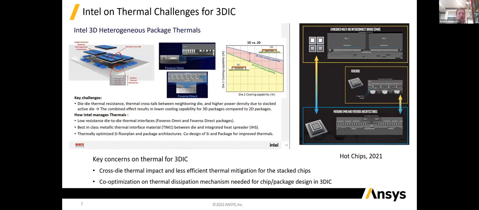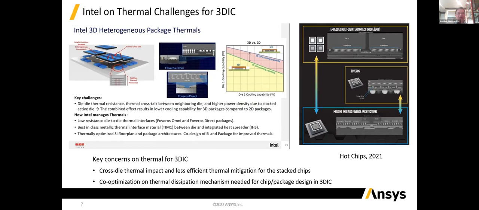On the left is the Ponte Vecchio design for the latest, the next GPU platform. We can see that for that design, they have to use the best thermal interface material and interface to the integrated heat spreader. And due to the height differences at different locations of the 3D IC design, they have to design the structure to support structural robustness.